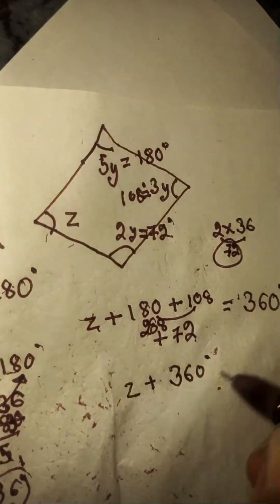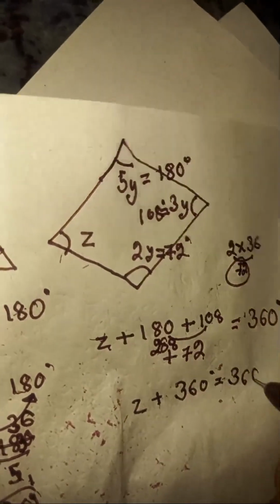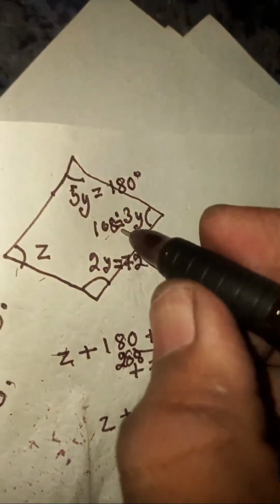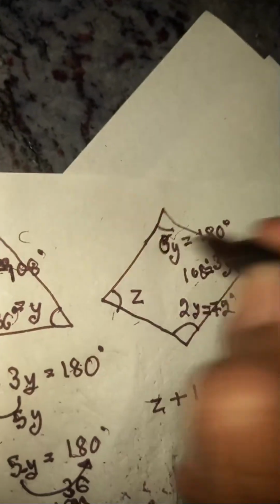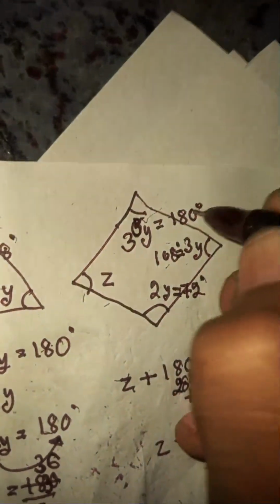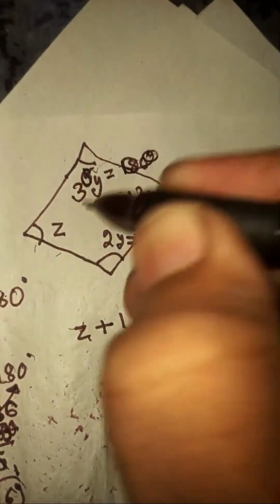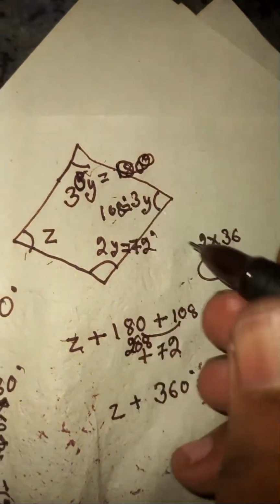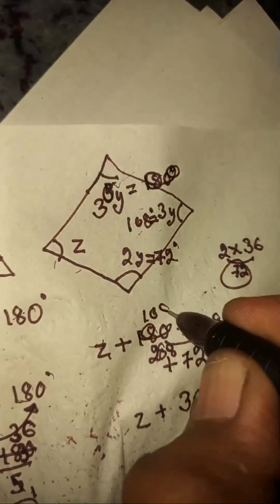There is a little error here. This already makes 360, which means z must become 0, so instead of 180, it is also going to become 108 degrees.